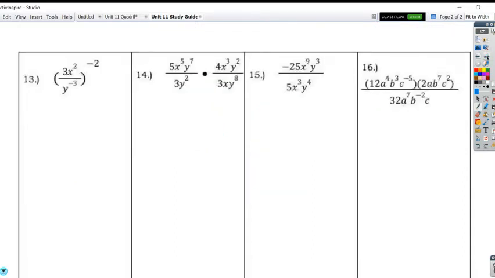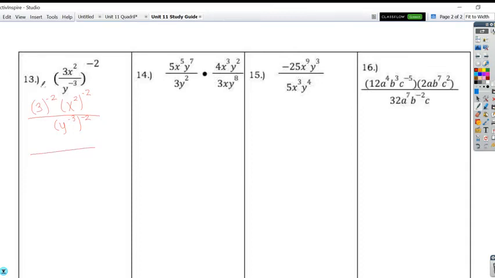As we flip over to the back then, question number 13 here for us. We are looking at this -2 exponent that's outside of the parentheses. Make sure that that gets applied to everything within the parentheses. 3 to the -2. And x to the 2 is to the -2. And in my denominator, that y to the -3 is also raised to the -2. Well, let's do some simplifying here.